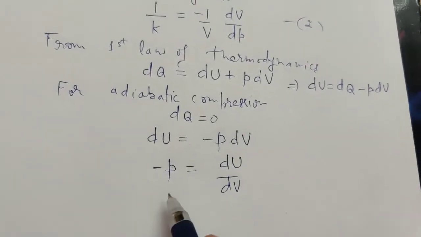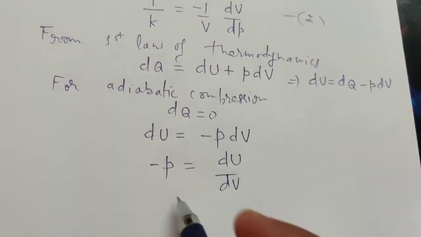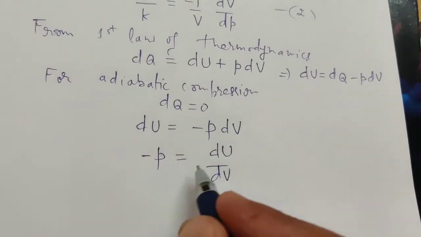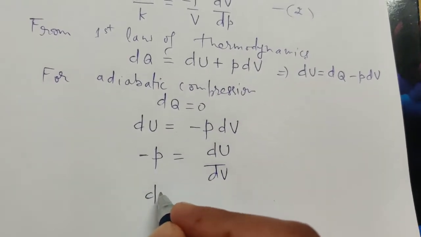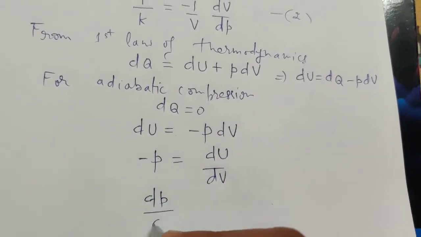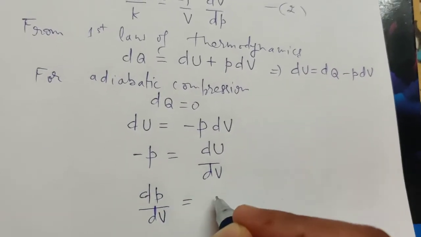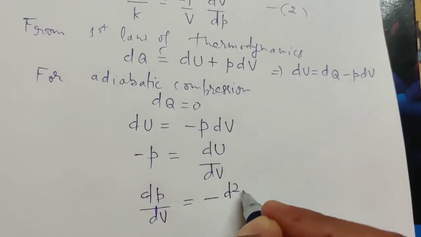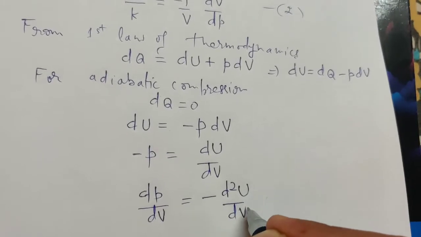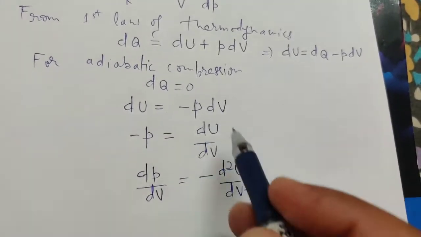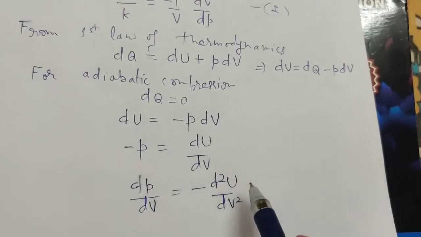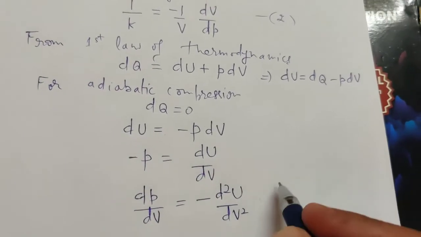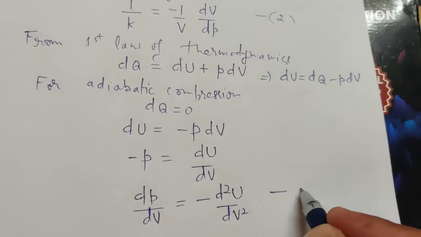Now I have to find these factors, therefore differentiate this with respect to V, so this will be dP upon dV equals minus d squared U on dV squared. I have differentiated this with respect to V again. So I have calculated this factor in terms of the internal energy. So this is equation number 3.